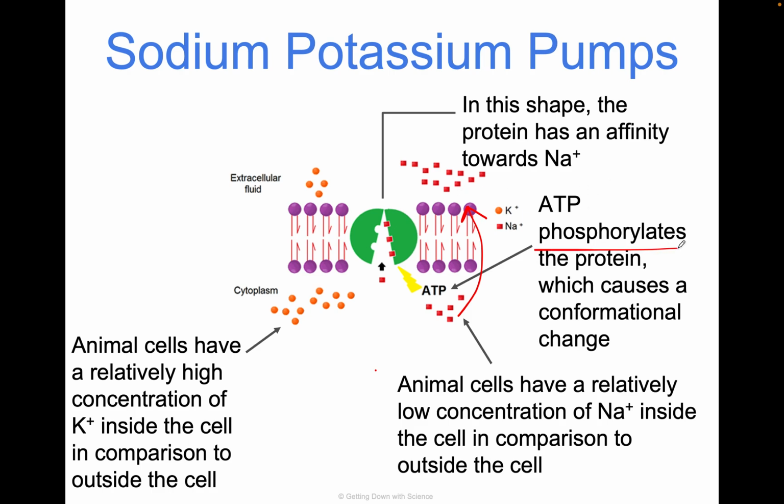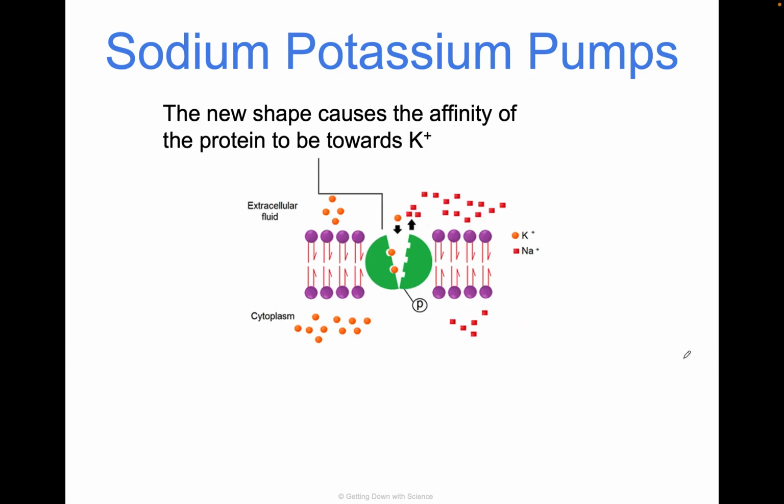ATP phosphorylates. Phosphorylates is just that chopping off of the phosphate group. That's what that means. Adding it to the protein. It phosphorylates the protein, which causes this conformational change. It causes the protein to change shape. The new shape, right? So we can see here. So there's our phosphate group.